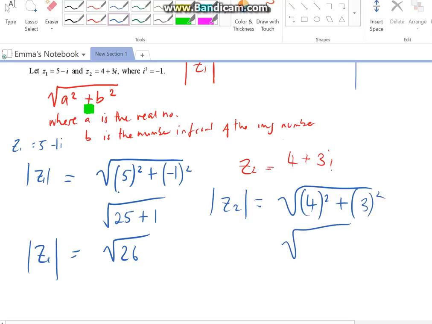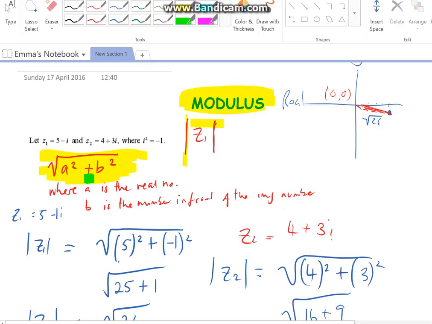So square root of 4 squared is 16, plus 3 squared is 9, square root of 25, which is 5. So the modulus of z2 is 5. Right, so that's all easy enough, not too bad. You need to know this formula, that's what's really important, and you need to know what it looks like, how they ask modulus, distance from the origin as well. They're all really important things.